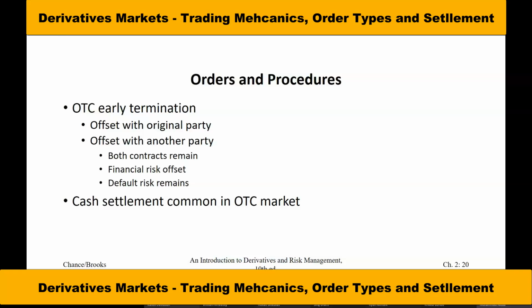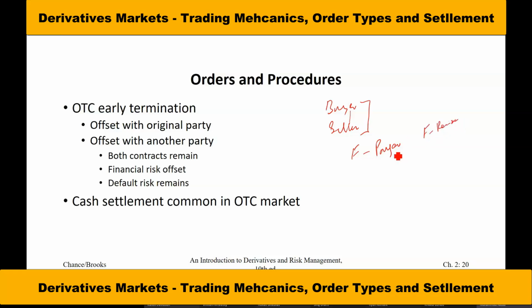Now, on the OTC markets, if you want to terminate your contract early, because it is an agreement between two parties, the buyer and the seller have contact directly. So whatever you want to do with the contract, you will have to do it with mutual agreement. So let's suppose I am the fixed rate payer in a swap contract, and you are the fixed rate receiver.